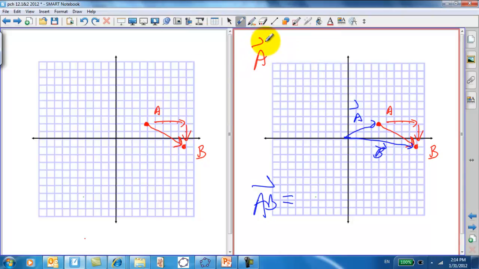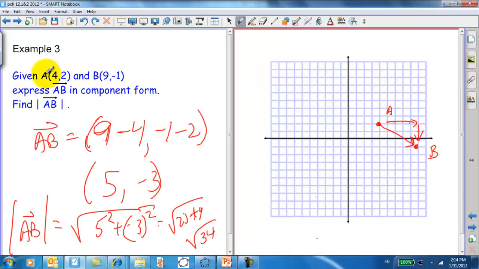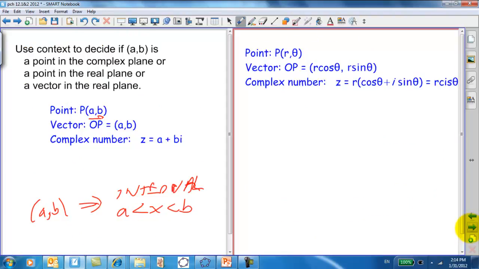Vector A plus vector AB equals vector B. So vector AB equals vector B minus vector A. So if you interpreted what I gave you as vectors instead of points, you'd still end up with the right answer if you subtracted the vectors in the right direction. So that's what I mean by the context.